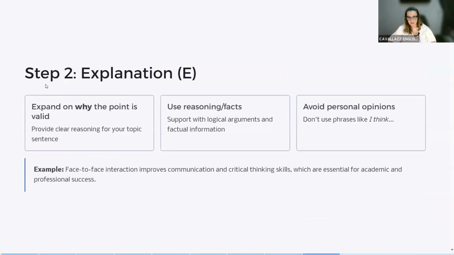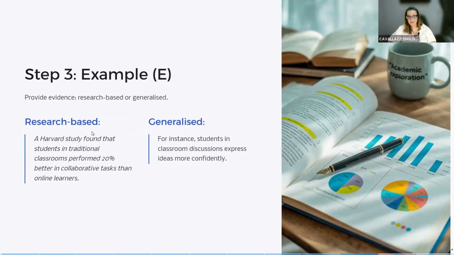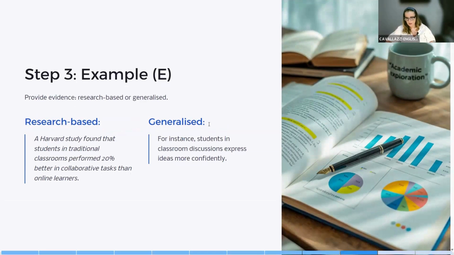The explanation here, as I've already said, expands on why the point is valid. So it's important to explain. And to exemplify, you can cite an article, as I've already said, and not generalize, but you can, right? But avoid generalization.